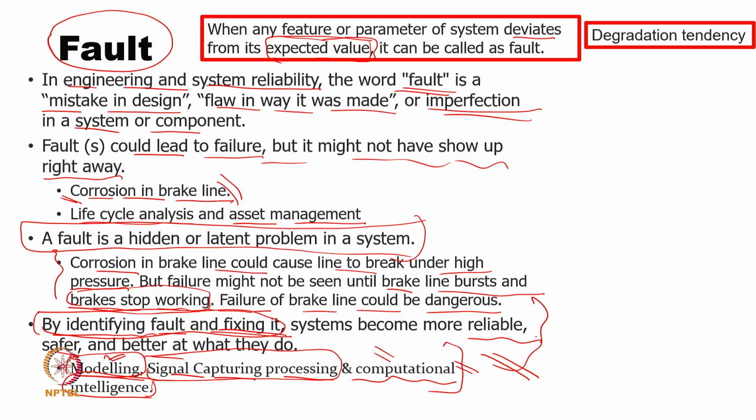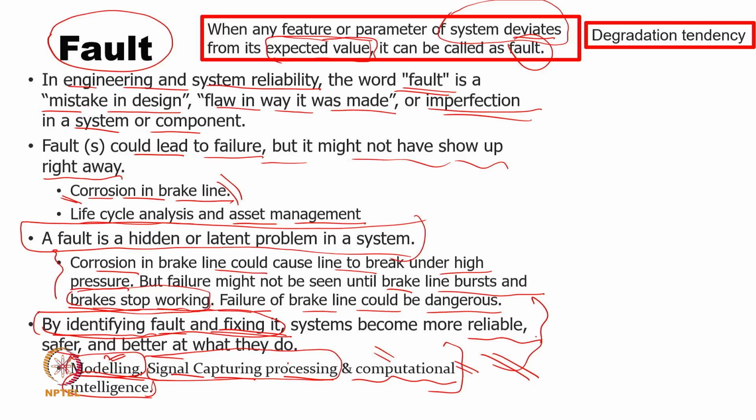Any time we are using sensors and we find a deviation from the expected value, we say there is a chance of a fault. There is also a possibility of noise, which is why signal processing is required.